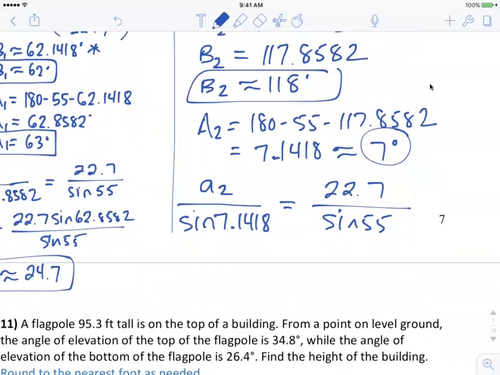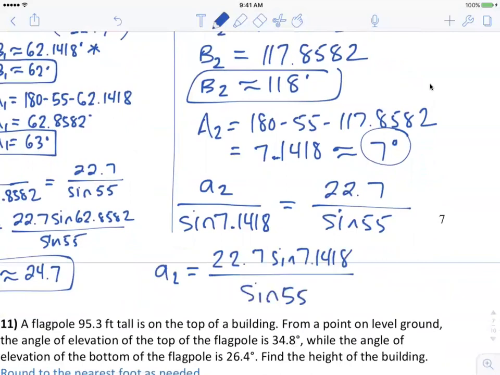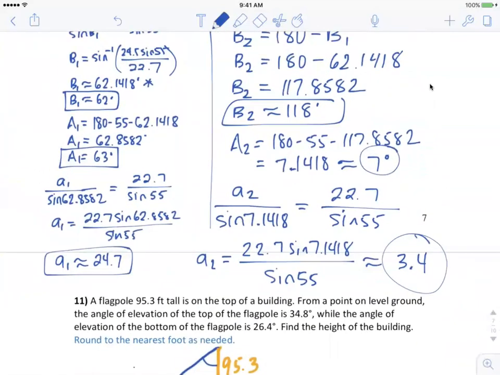So multiply both sides by the denominator, the sine of 7.1418, and do that calculation in your calculator. That should end up being about 3.4. If you want to check me on that. And we got it.